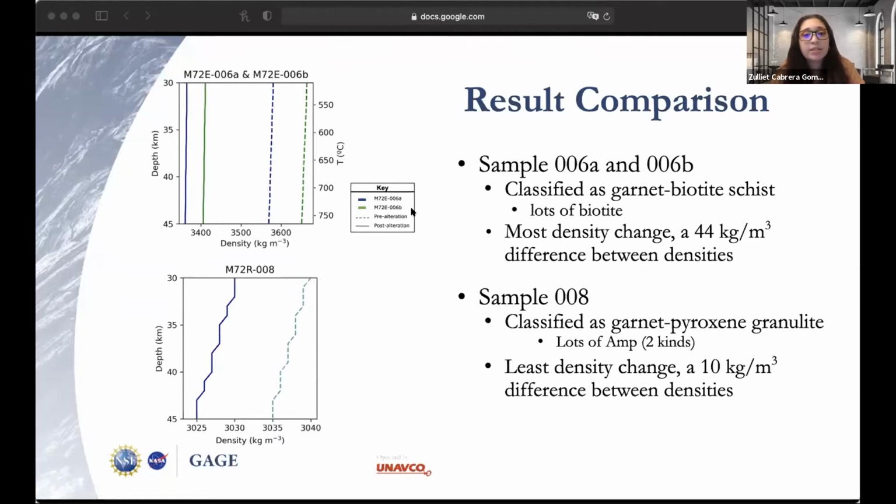But if we compare it to the sample on the bottom, 008, the garnet pyroxene granulite has a much lower change in density of about 10 kilograms per cubic meter. And we come to ask ourselves, why do we see these changes?